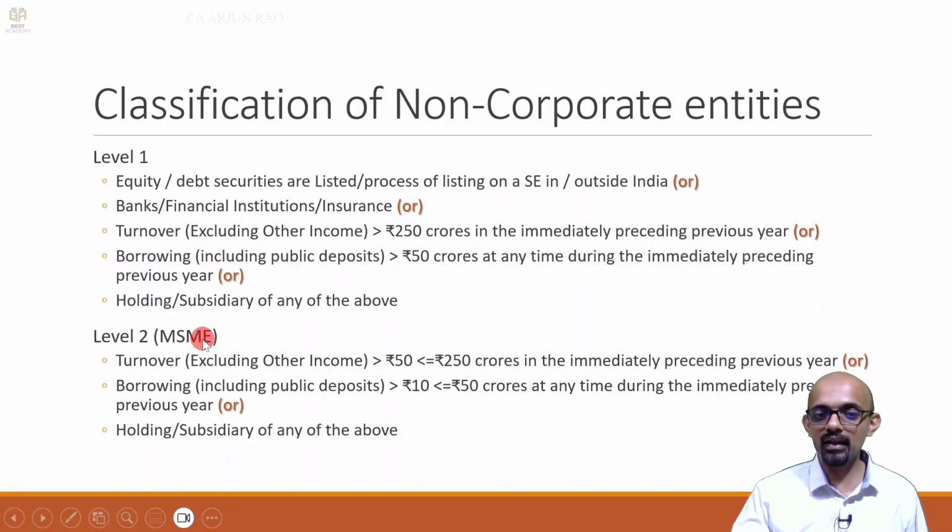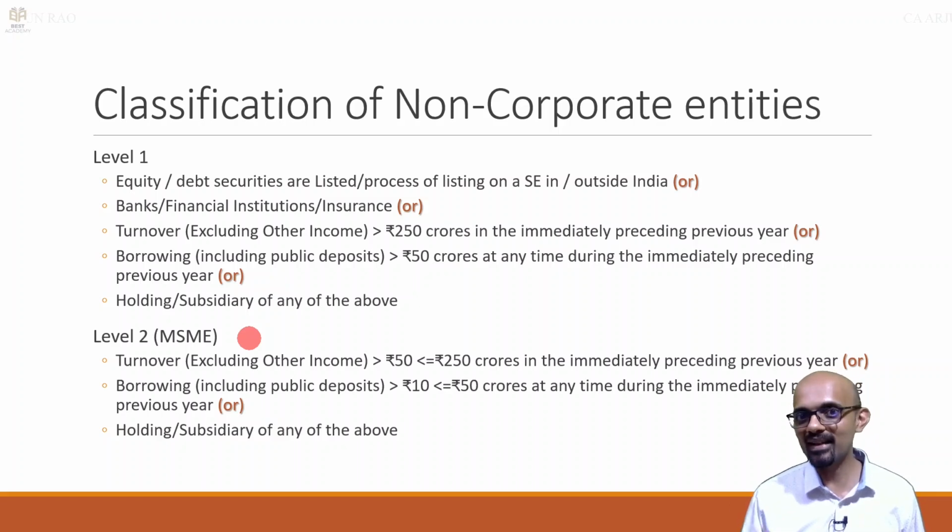The MSME abbreviation has been added recently by ICAI just to indicate that such enterprises also will have to follow accounting standards. Of course, they are non-corporate entities, but still they will have to follow. It's like ICAI trying to remind certain entities, look, just because you are MSME, you are not exempt.